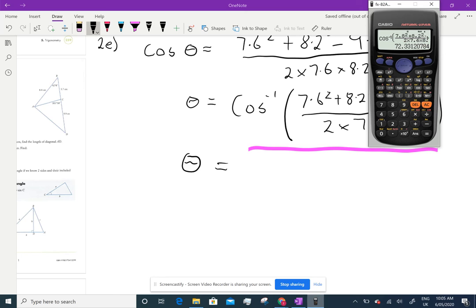I got 73 here, have I put in the wrong number there somewhere? 7.6, is it 7.6? 8.2, 9.5. The answer here is 73 degrees 49. I've got 72, and I've got a feeling that I've typed in something wrong. 8.2, 9.5, are all my numbers right?